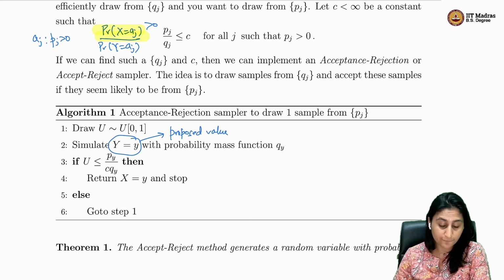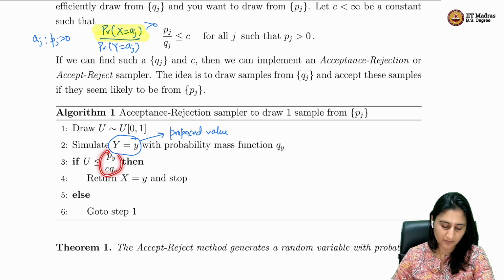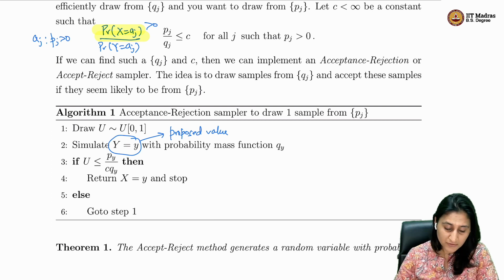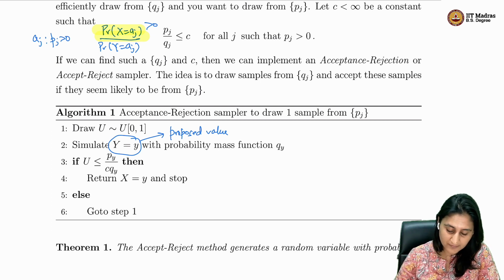Now, for our proposed value, if u is less than or equal to py by c qy, if this holds, then, so this ratio is basically the probability that x takes the value y divided by c times the probability that y takes the value y.